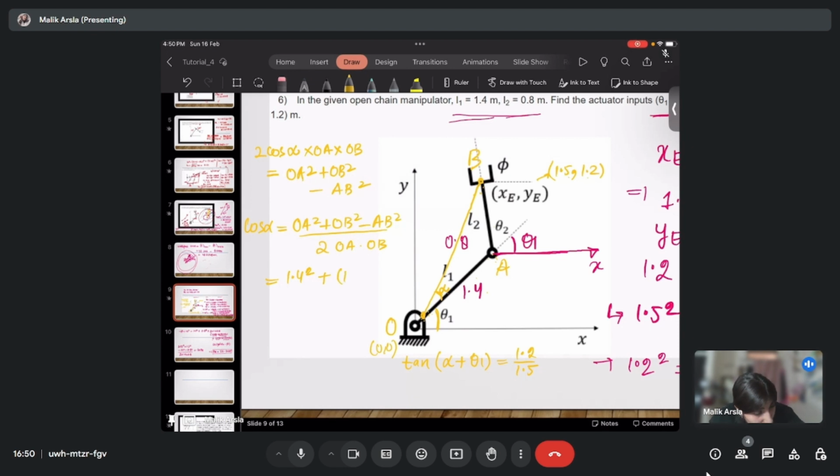So it will be 1.5 square plus 1.2 square minus AB square. What is AB? AB is 0.8. This length is 0.8, upon twice OA into OB. So that is 1.4 into 0.8. Can you calculate alpha from this equation and tell me what value you are getting?